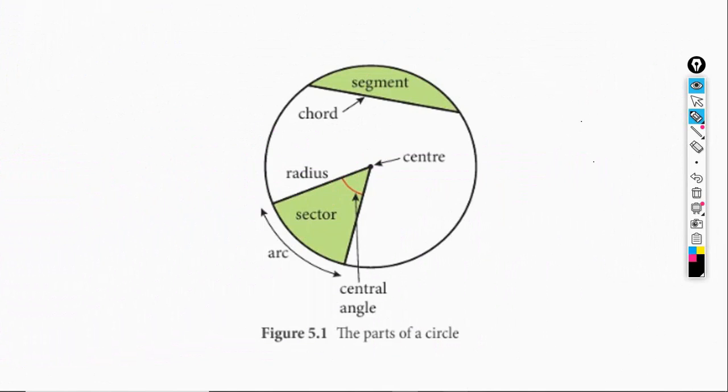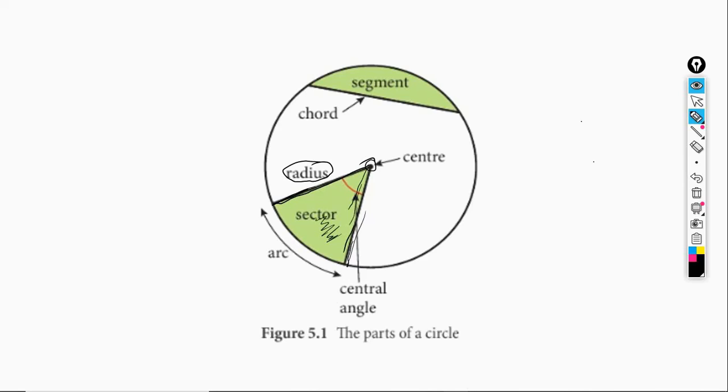So in the next slide, what you're going to see is a circle and all the different elements of the circle that we have to be familiar with. So first of all, a circle has a center, and by definition you can draw any line from the center to the circle itself, and that line is going to equal a radius. So this line is a radius, just like this one is a radius as well.